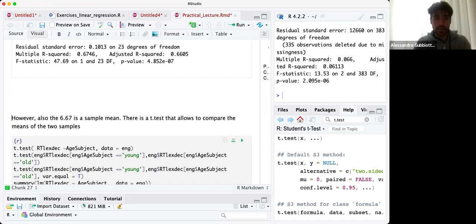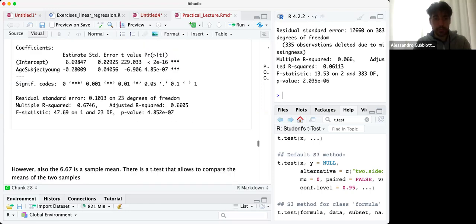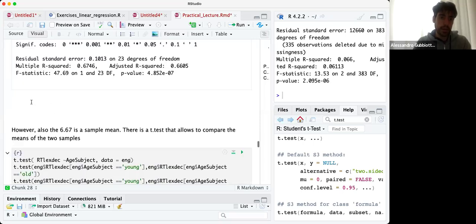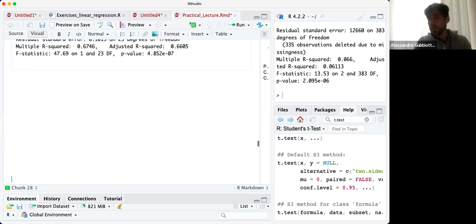Okay, what I wanted to do in this part is, let me see where I was. We did some linear regression using factors as predictors, which is a way to do this linear regression: we try to predict a numerical variable using some predictors.